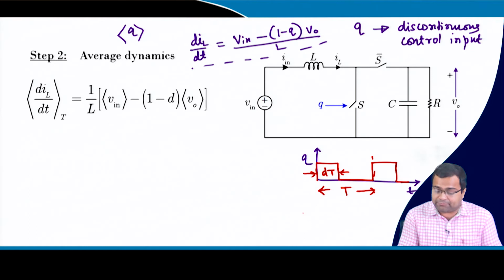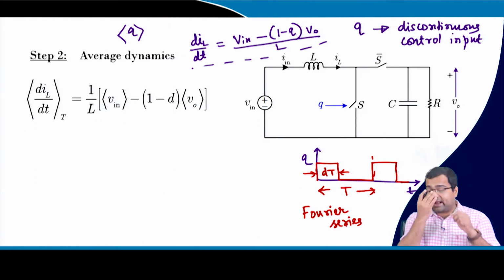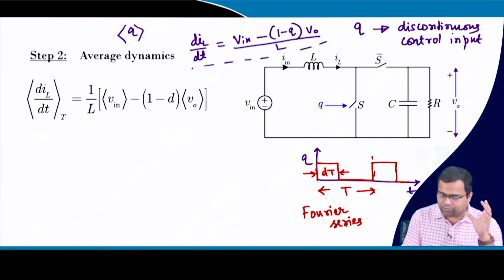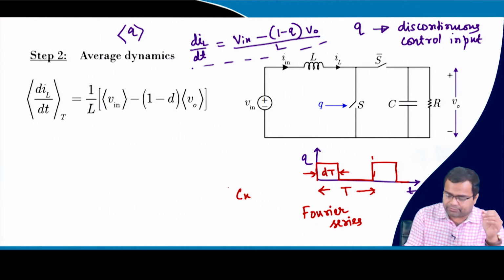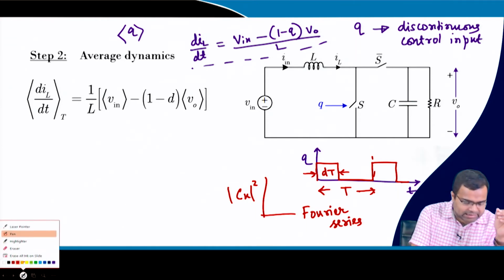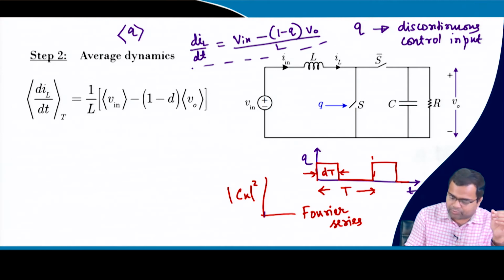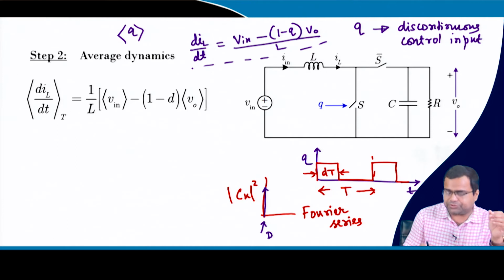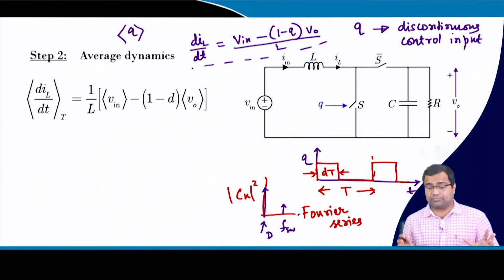Now, if we take the Fourier series of this Q, because it is a periodic signal, you will get a DC component of Q in the Fourier coefficient. If you plot the Fourier coefficient squared, you will get a large spectrum at the DC component, and this corresponds to your duty ratio. Then you will get the switching frequency, then harmonics and so on.